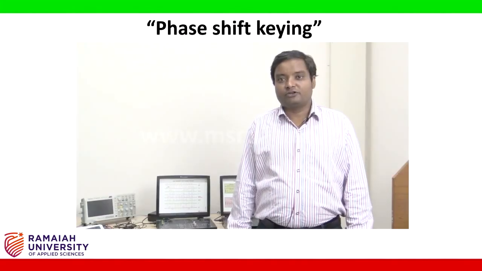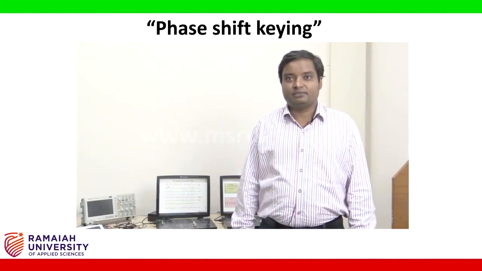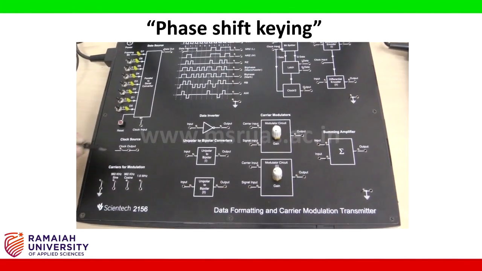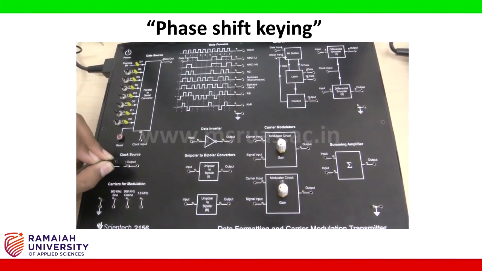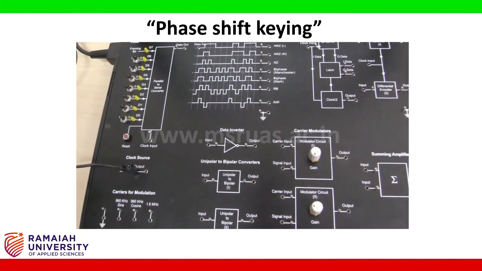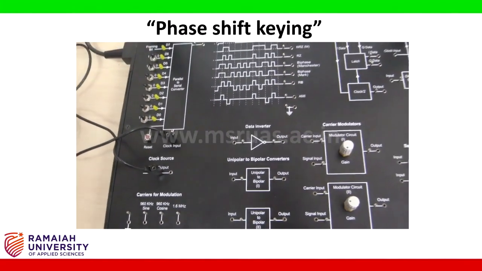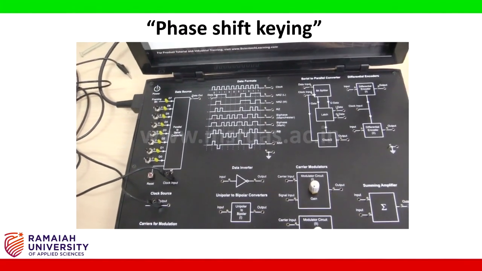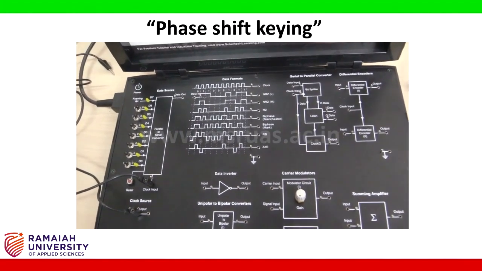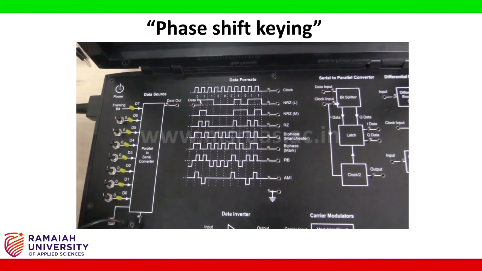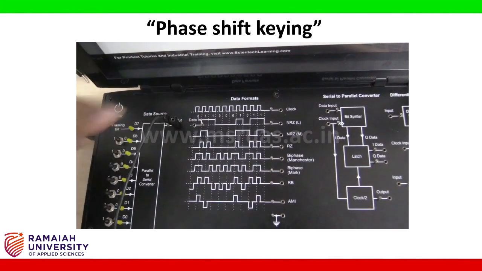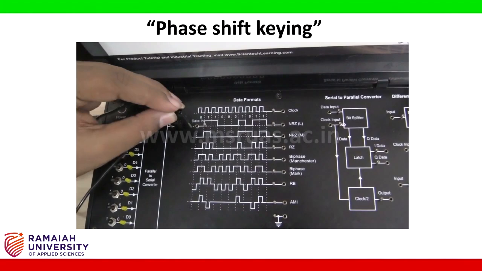Now we are going to start the connections for the experiment. In Syntec 2156 I am connecting clock output to clock input, and then connecting data out to data in.